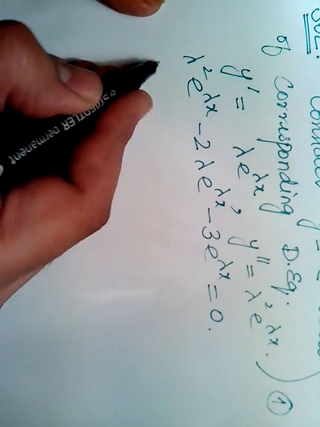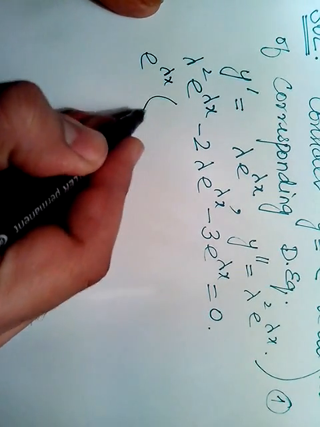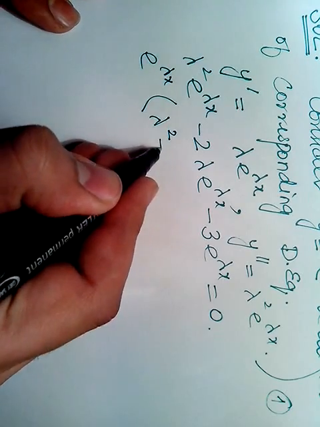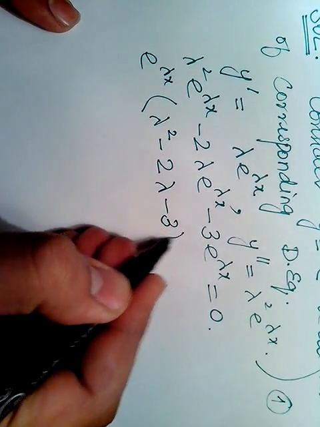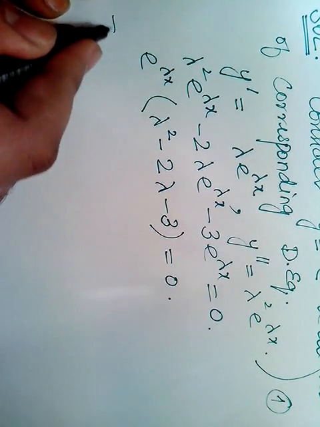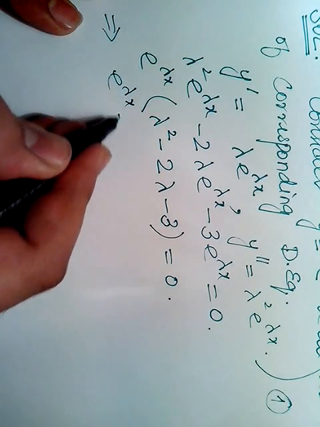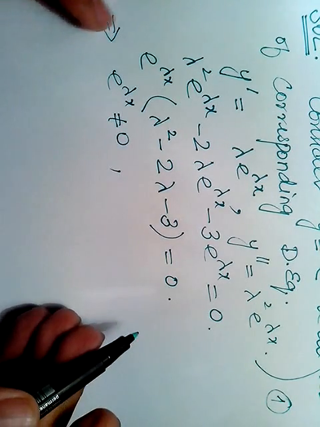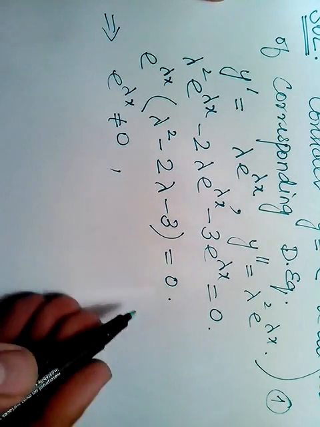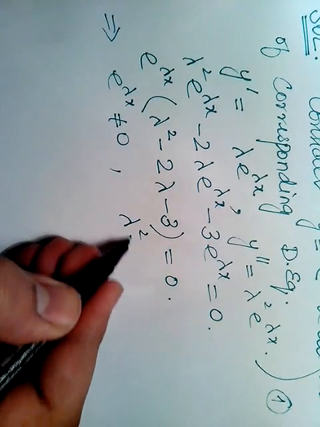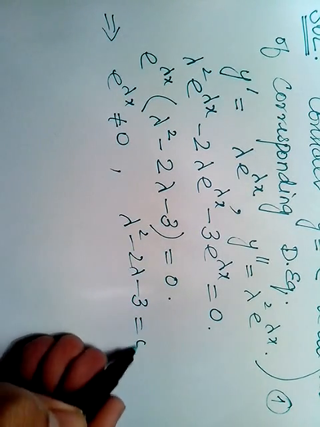Now we can pull the e raised to power lambda x out, and we are left with lambda square minus 2 lambda minus 3 is 0. This implies that, since e raised to power lambda x can never be 0, lambda square minus 2 lambda minus 3 is 0.